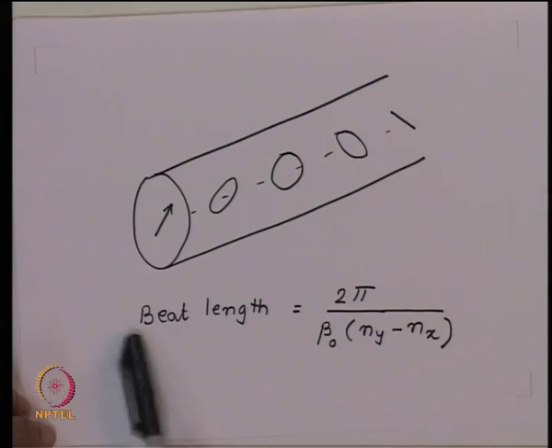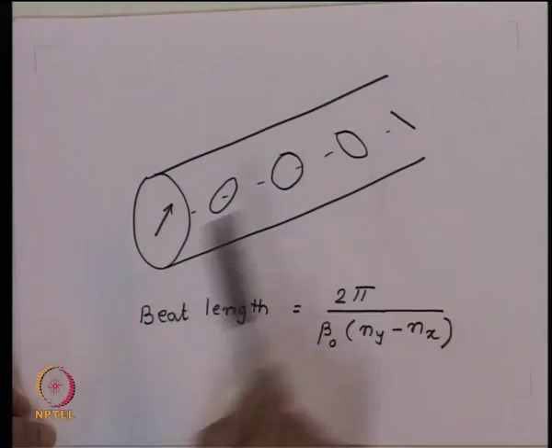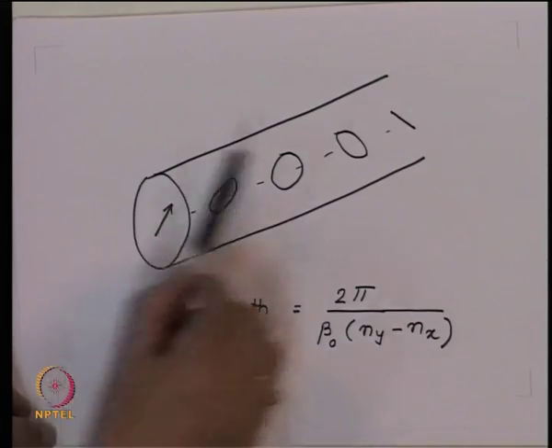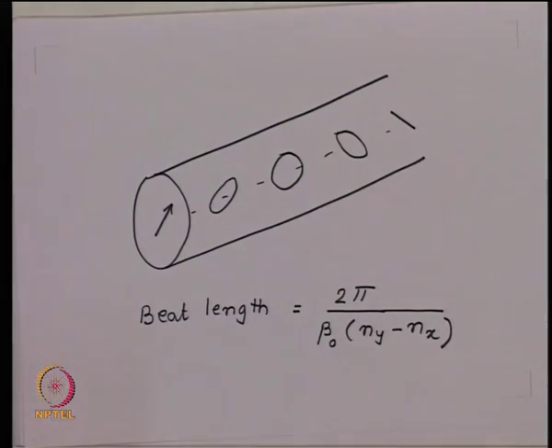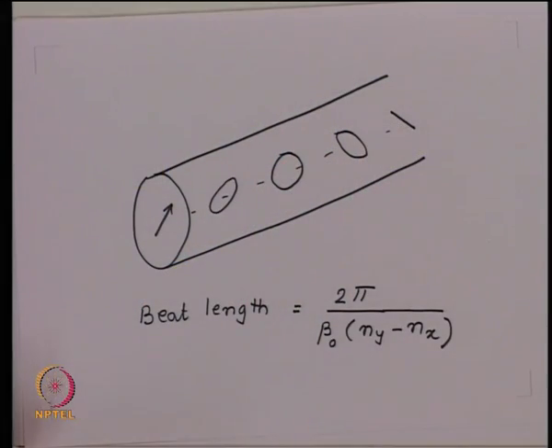So, this is the distance, the beat length, over which the phase difference would change by 2 pi. So, again the same polarization will be generated from that distance. So, because of this variation in the size of the core of the optical fiber, a whole lot of things happen, and one of the things which happens here is the change in state of polarization.